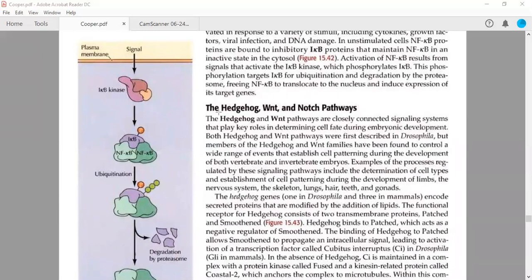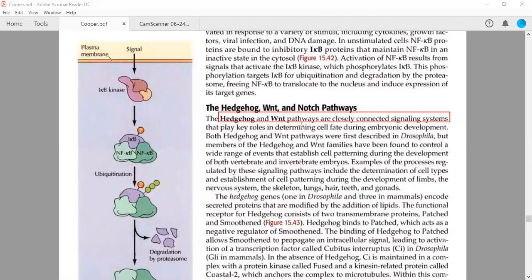So these Hedgehog and Wnt pathways are closely connected signaling systems. And the third is the Notch pathway, which is quite different. All three pathways are different because they have different names and different regulatory proteins doing the regulation, but they are connected in the sense that they are similar in nature.